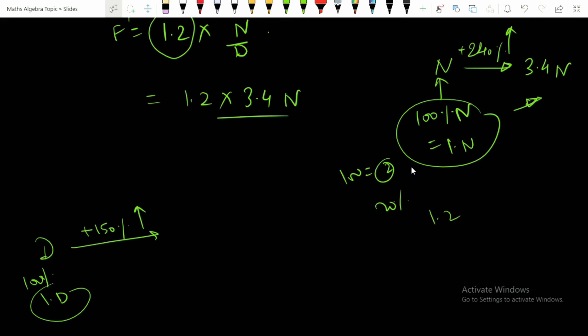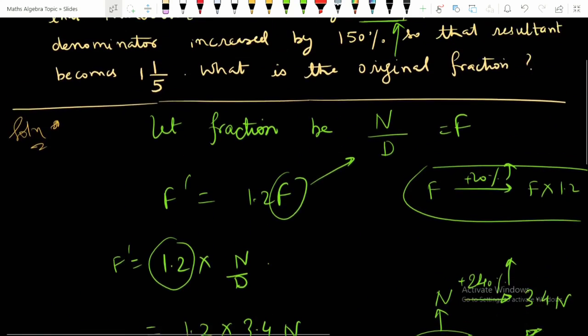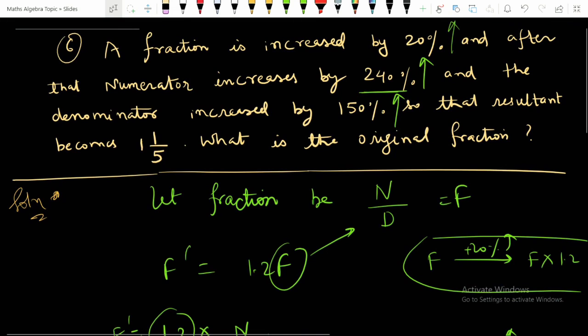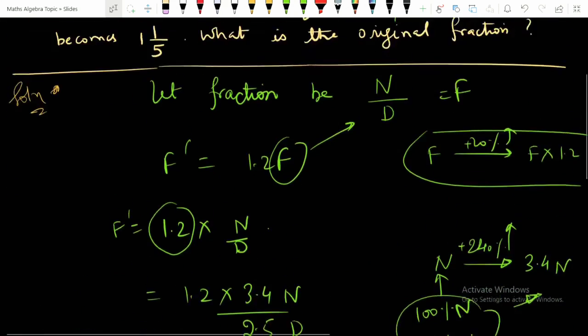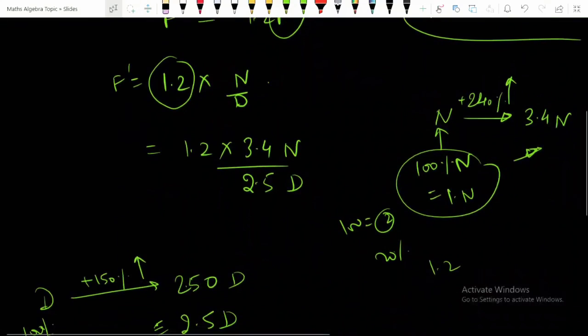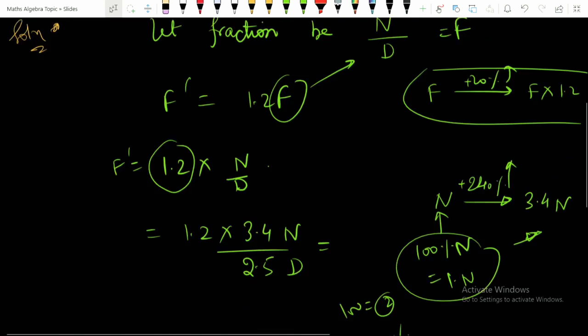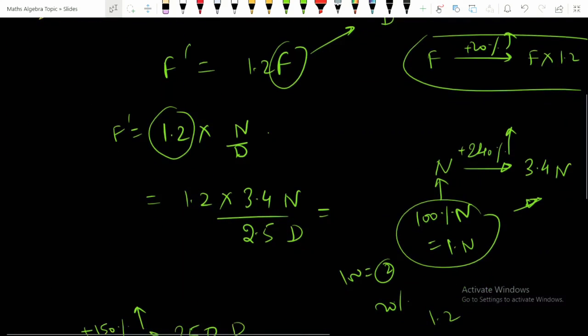So for a 150 increase, what will it be? It will be 250, that is 2.5 of d. And the resultant becomes 1 integer 1 by 5, that is 6 by 5. What is the original fraction?